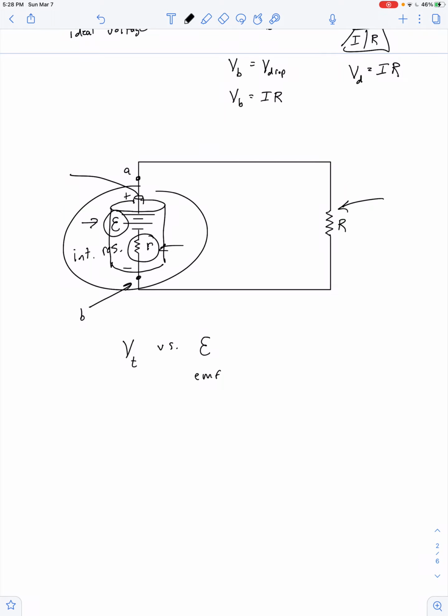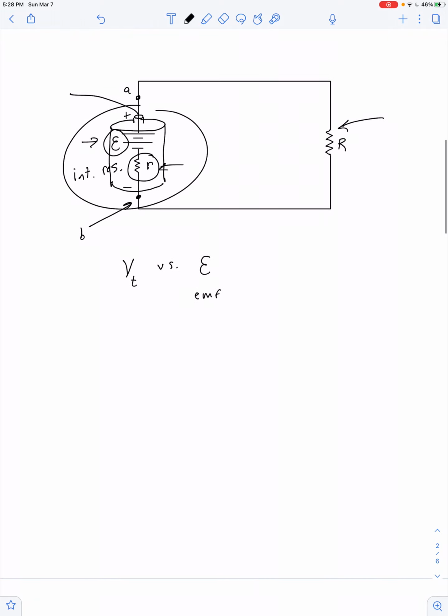Well, I think you get the general idea. Since the EMF is an idealized voltage, it's greater than the actual voltage you measure across the terminal of the battery. So we could do an experiment to try to figure out both what's the internal resistance and what's the ideal voltage of any particular battery.